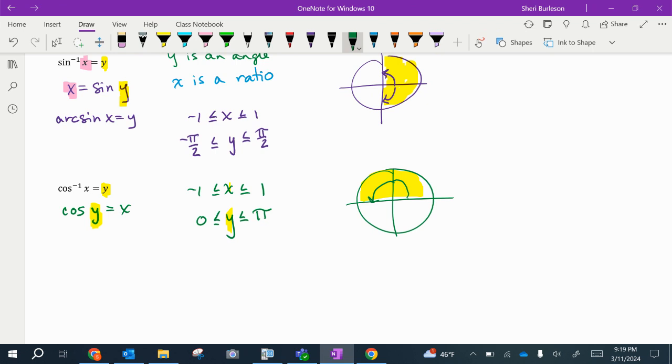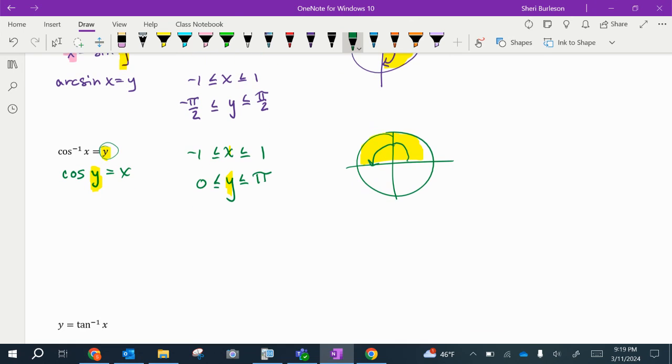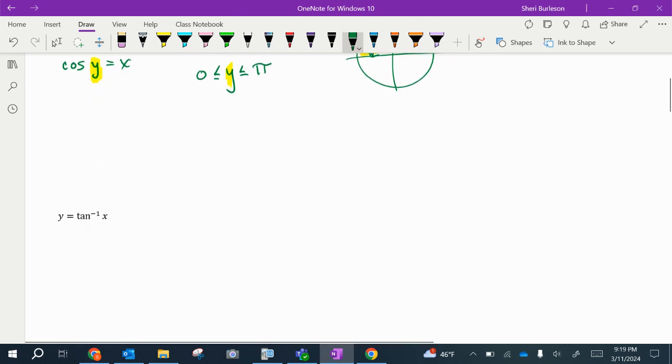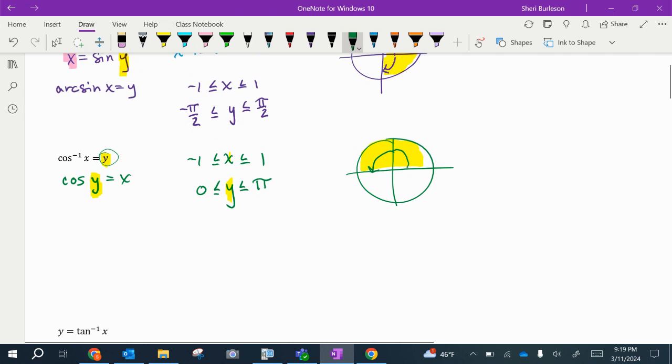So I had a restricted domain on my original function, and I'm going to have a restricted range on my inverse function. And then tangent, oops, I also forgot this. Arc cosine of x equals y is the other notation that we can sometimes use.